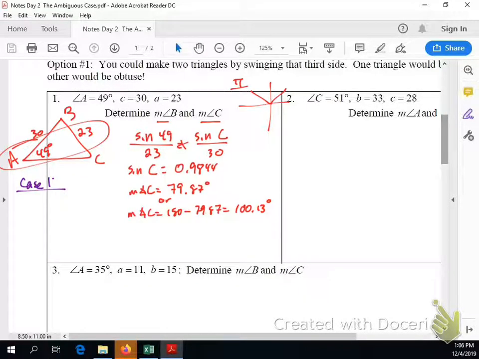Case one is when the measure of angle C is 79.87. If angle C is that, then to find the measure of angle B, all we have to do is take 180 minus, so just add 49 and 79.87 and subtract it from 180.